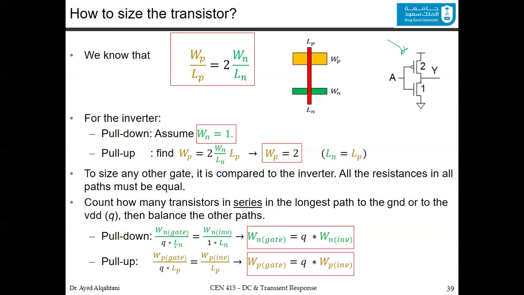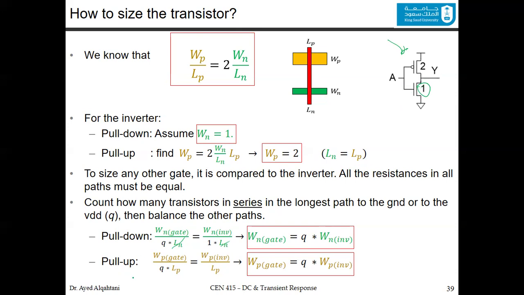And from that, you can cancel the Ln with the Ln, and you will end up saying that the Wn of the new circuit is actually Q times the Wn. So the inverter has 1. How many in series do I have in this new circuit? I multiply it by 1, which is the inverter. That's the sizing of any other gate if it has a series.